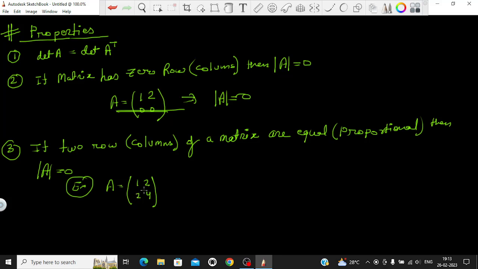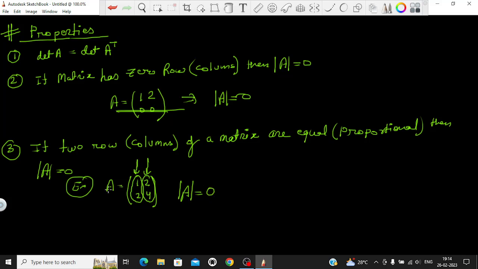So you can notice that this column has elements 1 and 2. If you multiply this column by 2, then you will get the same column: 1 into 2 is 2 and 2 into 2 is 4. So this column is a multiple of this column, meaning these two columns are proportional, that's why the determinant of this matrix will be 0.